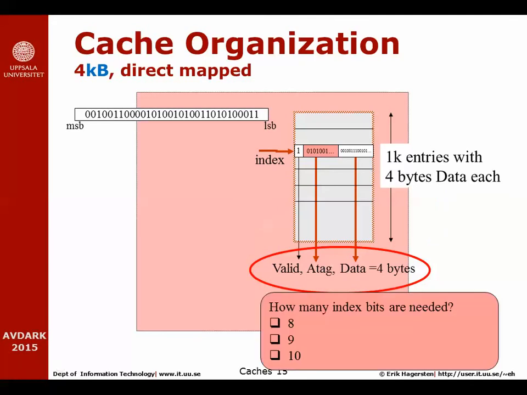So the first question here is, how many index bits are needed in order for this cache to work in the way I described? And you will check the box 10 here, because 2 to the power of 10 is 1K.